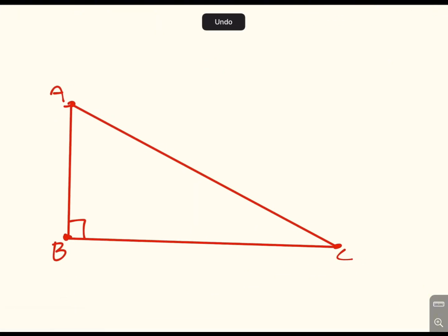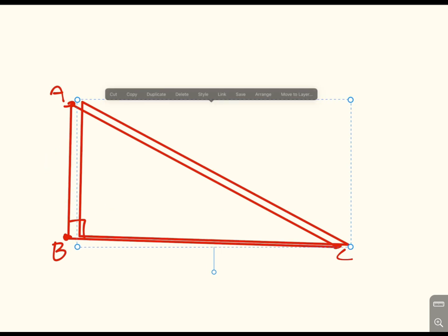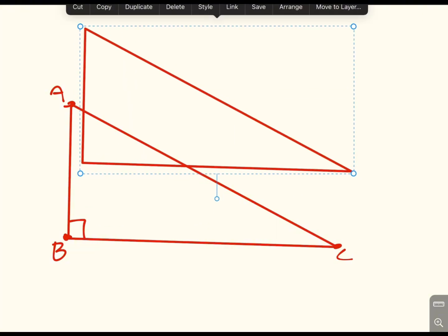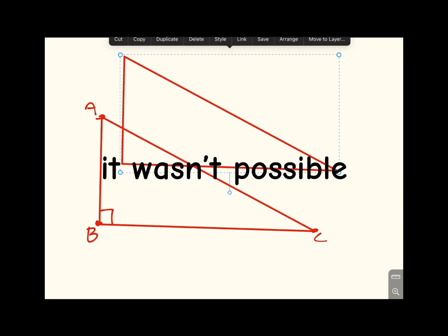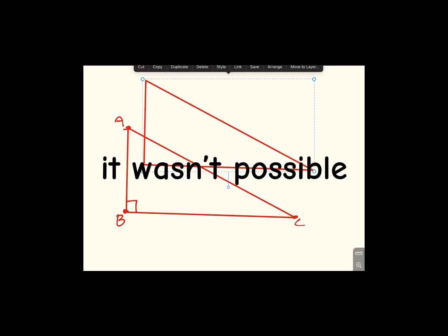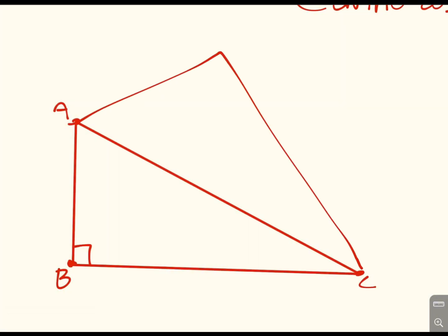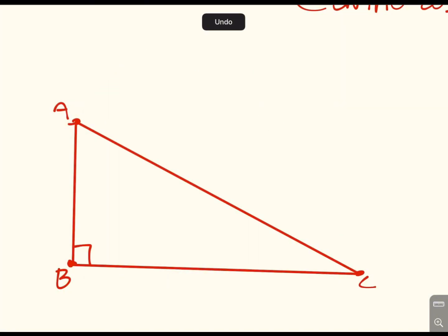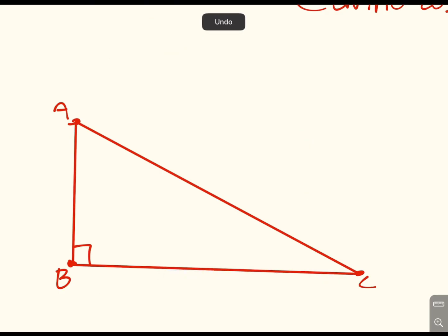Actually, I just realized we can simply grab this triangle and flip it if that's possible. This would become a kite. So no, it's not a triangle.